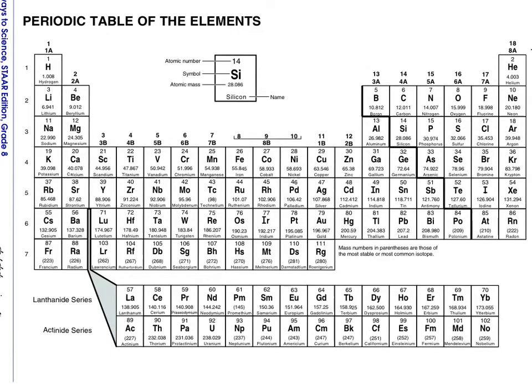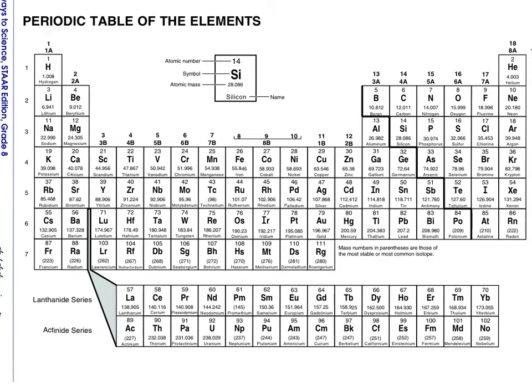Alright, let's remember that valence electrons are the electrons on the outermost energy level. These are the electrons that get shared or lost or gained in order for bonding to take place between atoms of elements. To determine the number of valence electrons for groups 1, 2, and then 13 through 18, remember that we look at the group number.